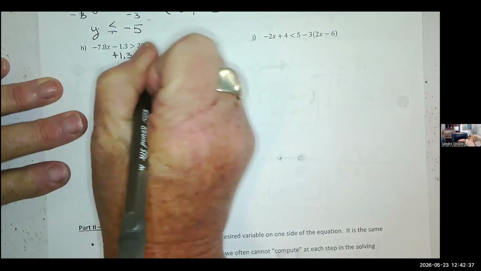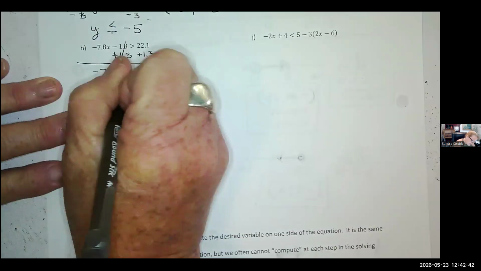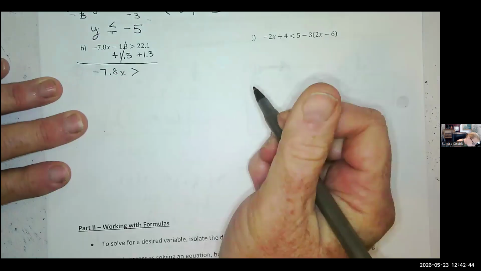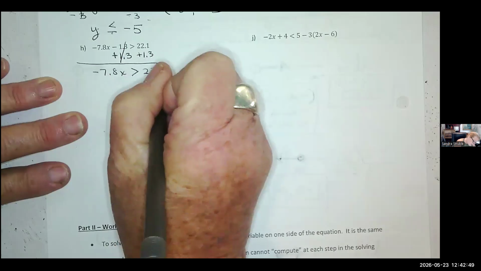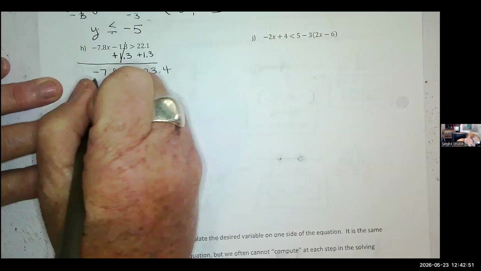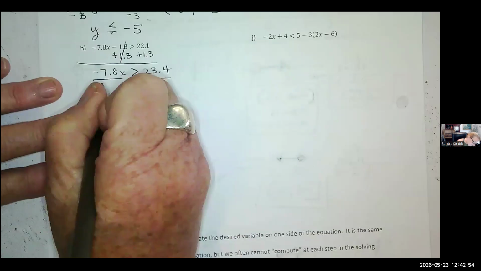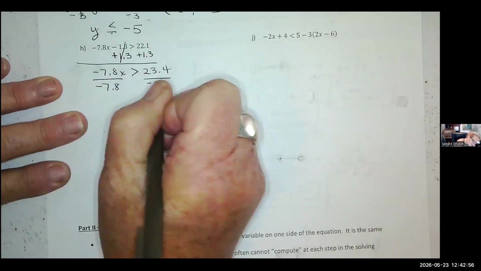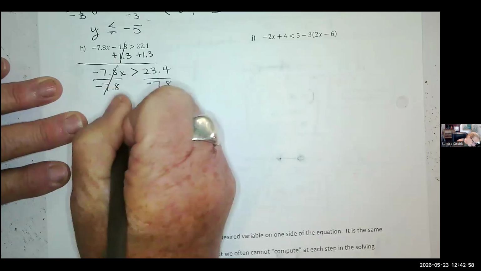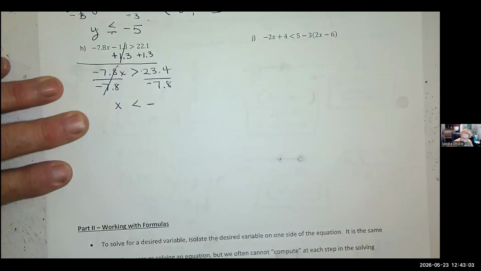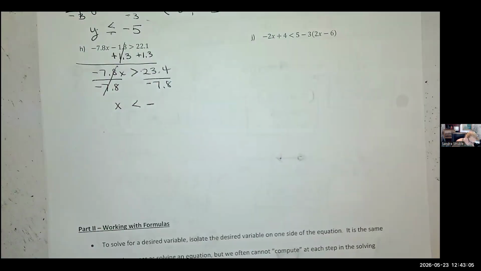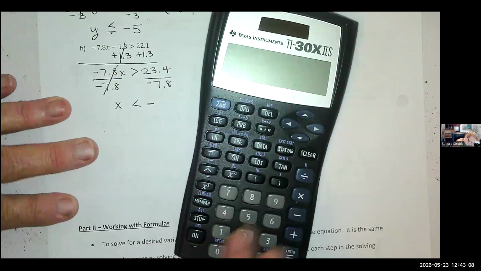This is gone. You've got -7.8x is greater than, we haven't divided through by negative yet, 23.4. All right, now we're going to divide both sides by -7.8. And when we do that, it becomes x is less than, positive divided by negative is a negative. 23.4 divided by -7.8 is -3.